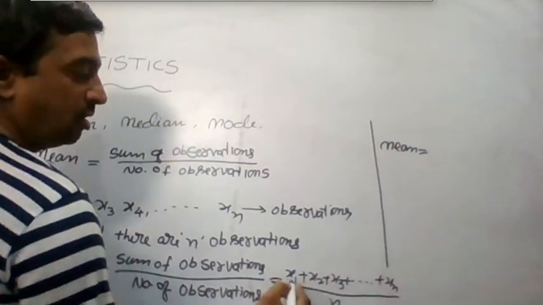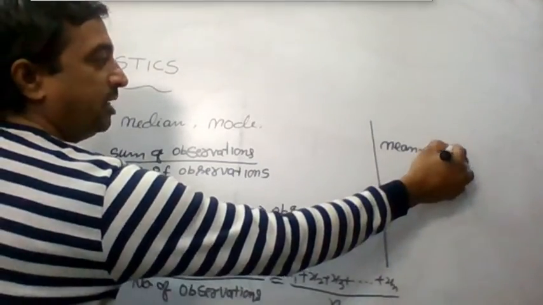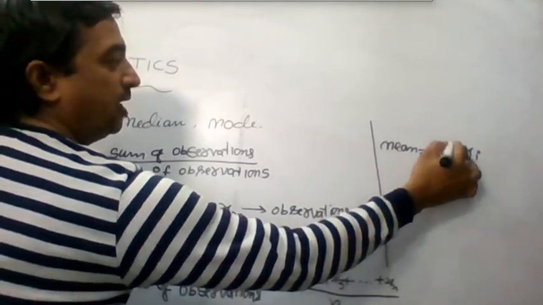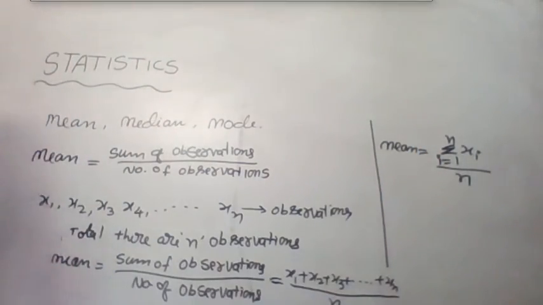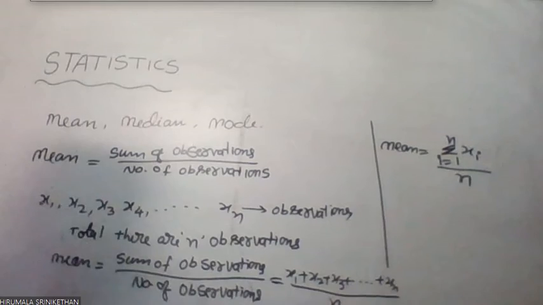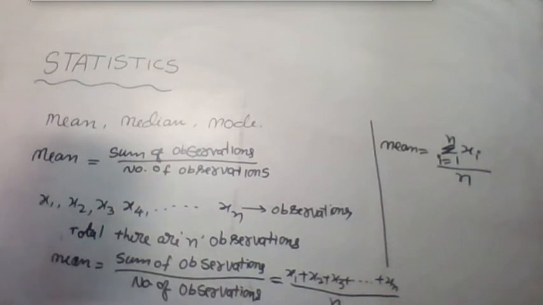Mean is equal to x1, x2, x3, this is the sum of all. So sum means sigma i is equal to 1 to n divided by n. So mean is equal to sigma xi, i is equal to 1 to n, by n. This is the formula to find mean of ungrouped data.